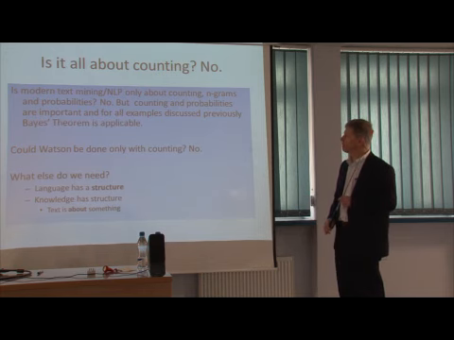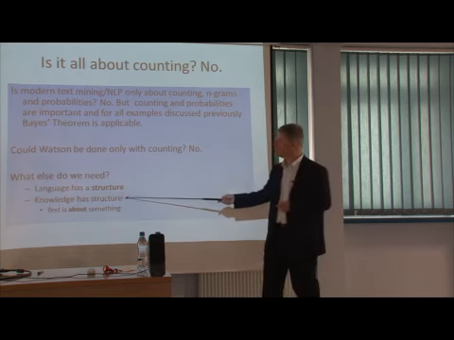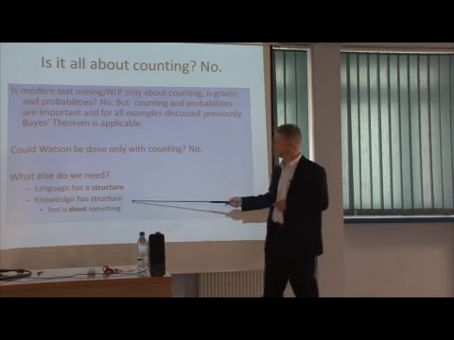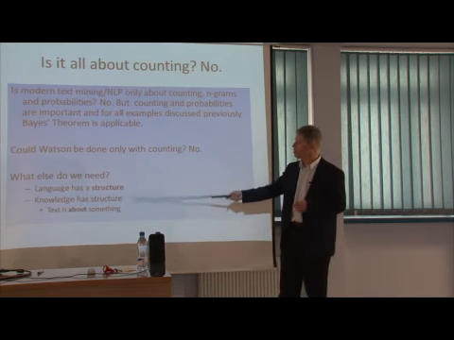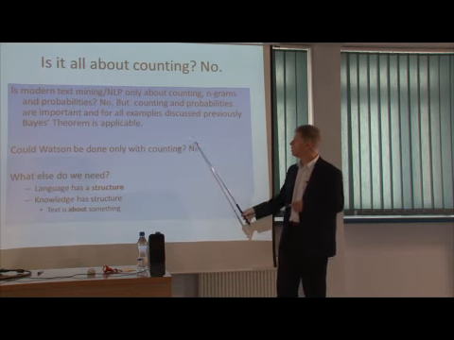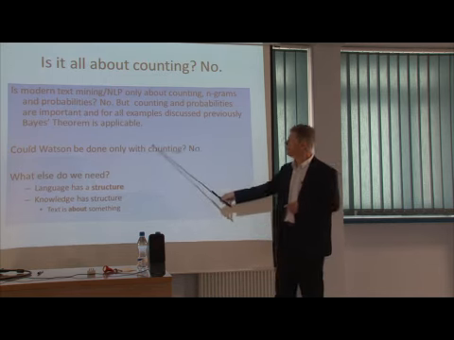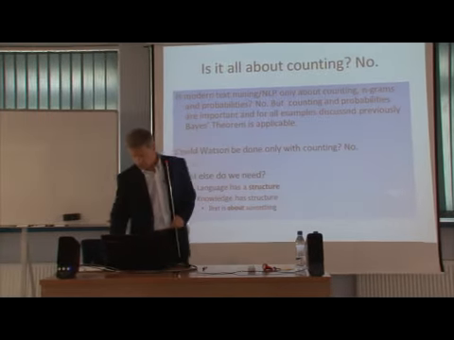Because we also need the structure of the language and the structure in knowledge, and the fact that text is about something. So we're going to explore some of this in these classes, but I think today it's going to be mostly about counting, even though counting is not sufficient.